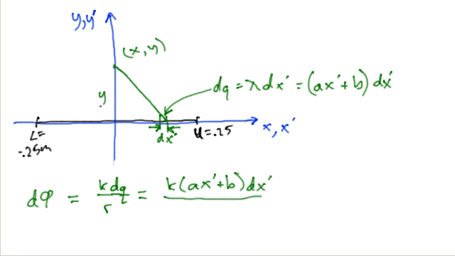R is the distance, y up and x prime over. So x prime gives the position of the bit of charge here, and y gives the position of the point in space. So R is the square root of x prime squared plus y squared.